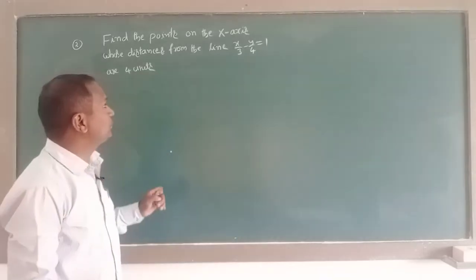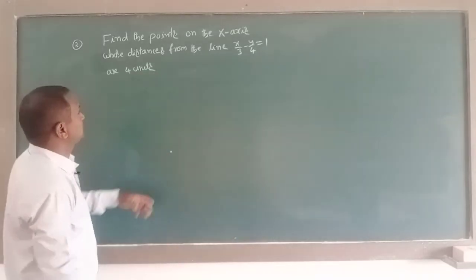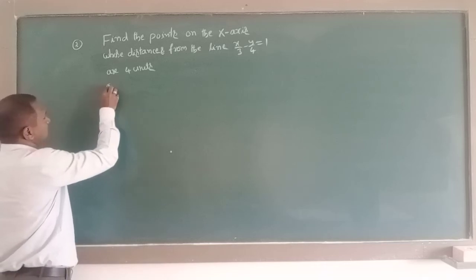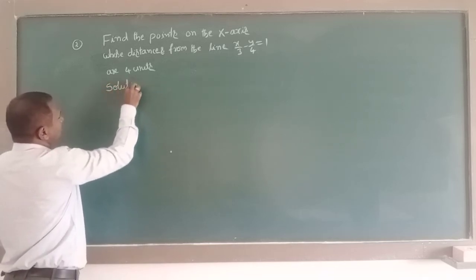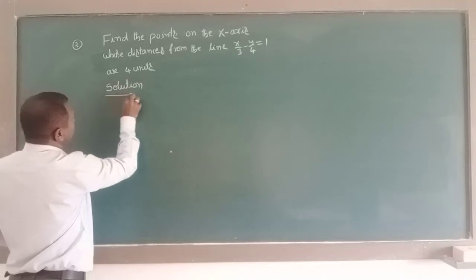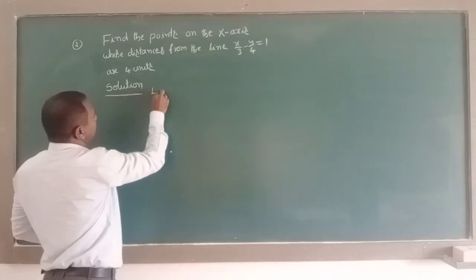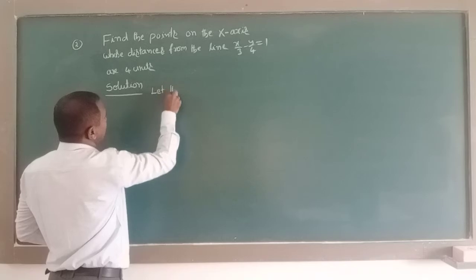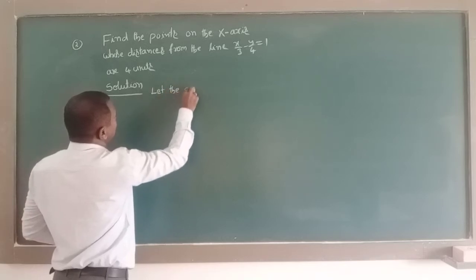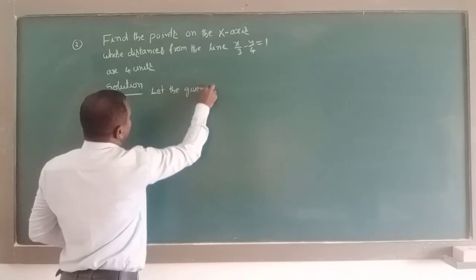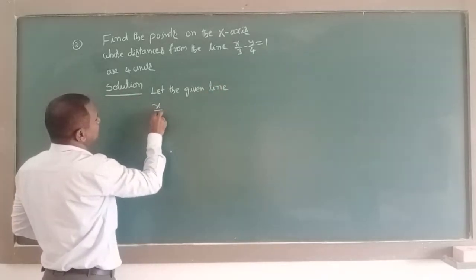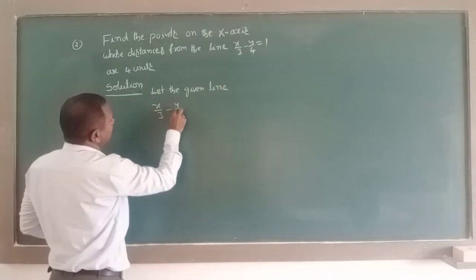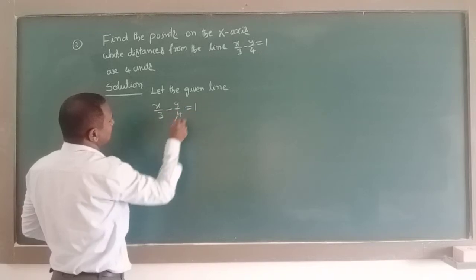Now we are going to give the solution for this question. Solution for this question is, let the given line x by 3 minus y by 4 is equal to 1.